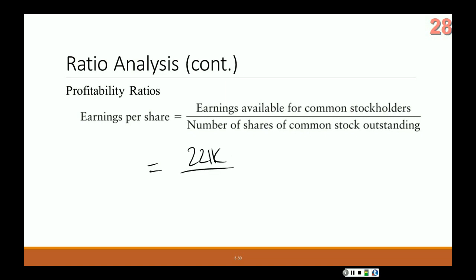And we divide that by the number of shares of common stock outstanding. And if you see footnote B of the income statement, it says that common stock outstanding was 76,262 in 2012. So that gives us earnings per share of $2.90.